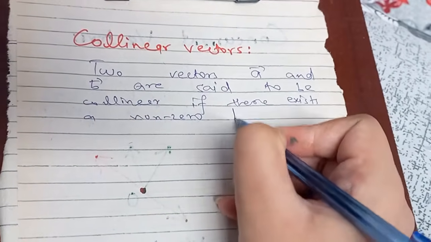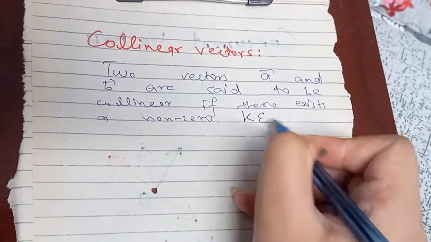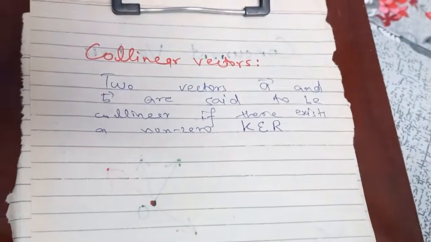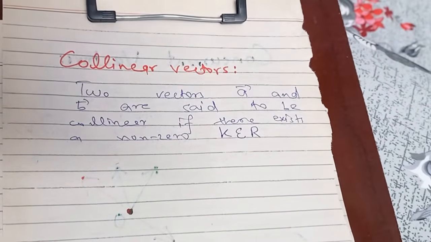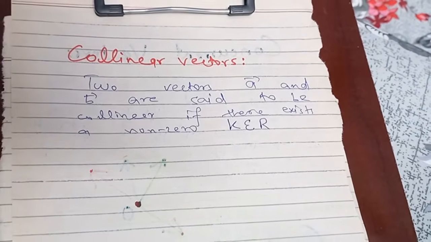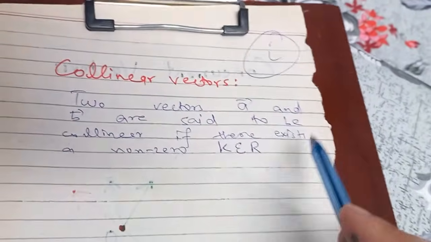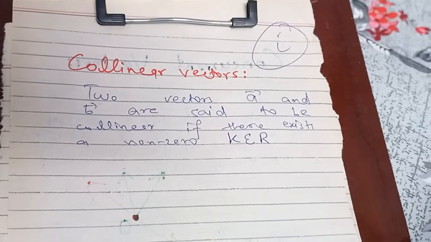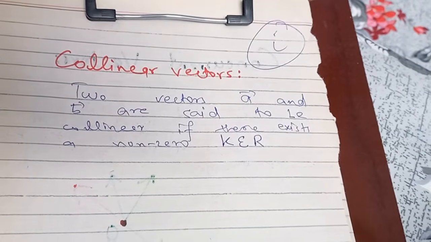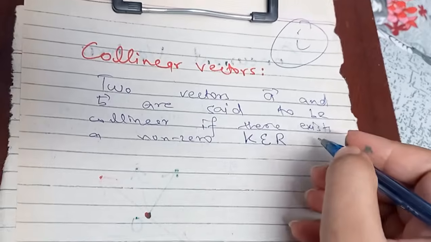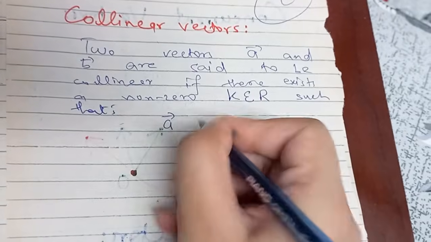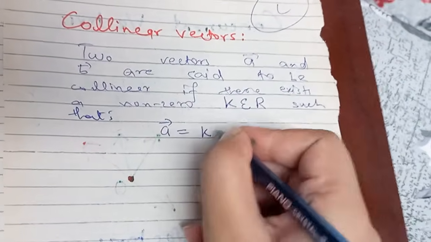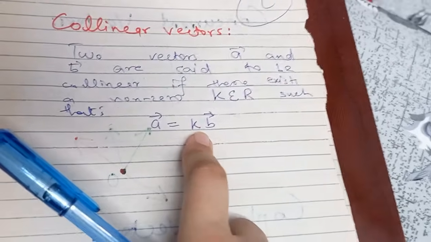So if there exists a non-zero number, let's say k, which is an element of real numbers, including all numbers, positive, negative, fractional, rational, irrational, but not imaginary numbers. Imaginary numbers lie in a different category, and we are talking about real numbers, like 1.5, 3.111115, 3.24, all these numbers. So k is an element of R such that A can be expressed as a multiple of the B vector. Okay, k could be any number.